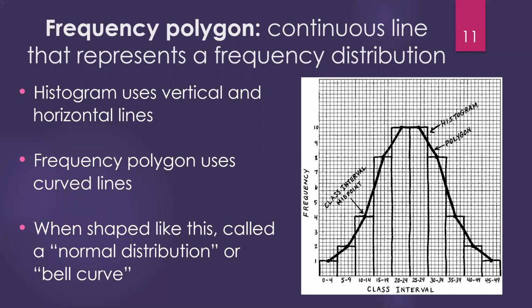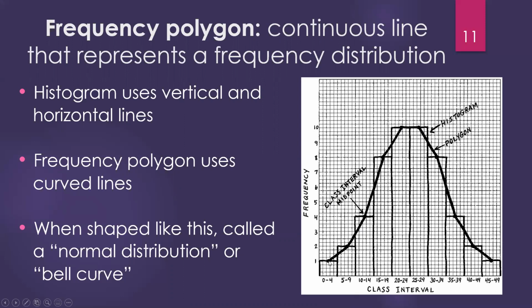And a frequency polygon uses a continuous line that represents a distribution, right? So if we took the midpoint of each of these bars in our histogram and connected those with lines, this creates a visual representation of the data, right?